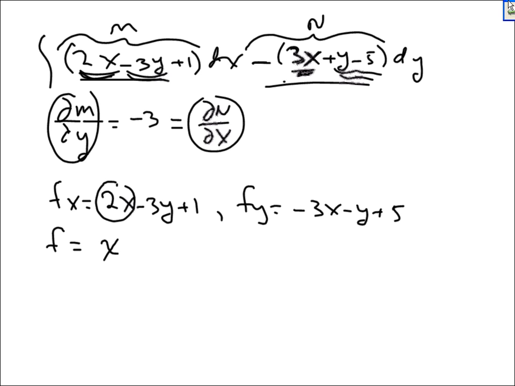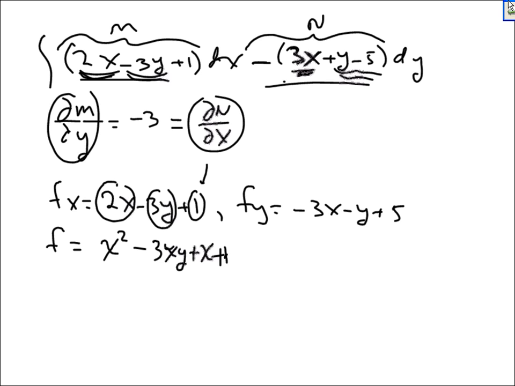So what could f be? Well, that would have to be x squared. So then fx will give you 2x minus. For fx to give you a constant like 3y, you must have started off with 3y times x, or 3xy. Plus, for the derivative with respect to x to be 1, you had to start off with x, plus some function of y.